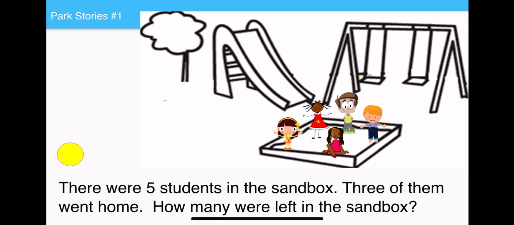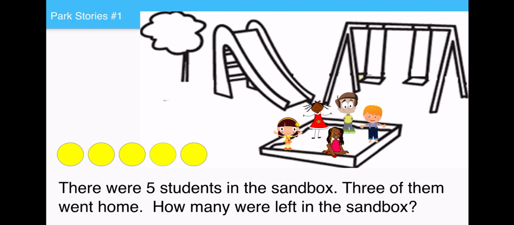Ready? 1, 2, 3, 4, 5. Nice work. Now, let's go back to that problem of ours. It says 3 went home. How many went home? 3. That's right. So that means we need to say bye to 3 of our counters.